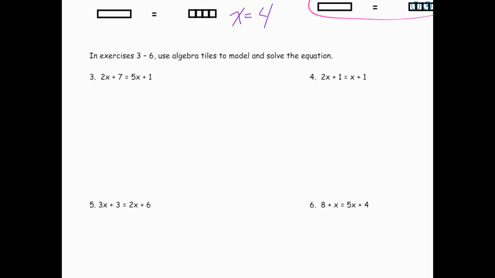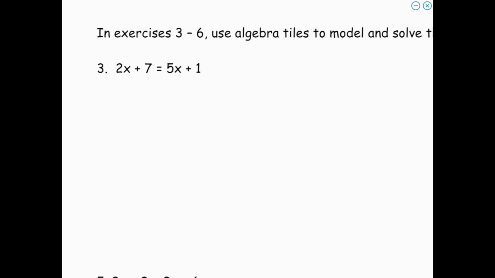So up at the top, what did we have to do first? Write it down. Well, it's already written down for us. So what was the next step? You do your zero pair. Got our zero pair. So which x is bigger? They're both positive, so I want to know which one's bigger. On the right. So this one's bigger, so that'd be 3.